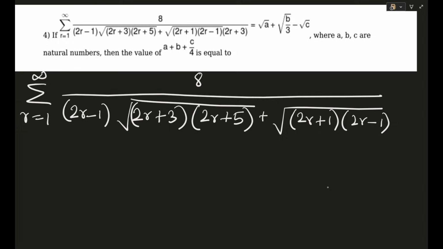And I guess there is one 2r plus 3 also given. Please be careful, this 2r plus 3 and 2r minus 1 are outside the respective roots.